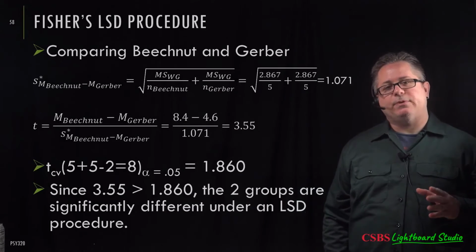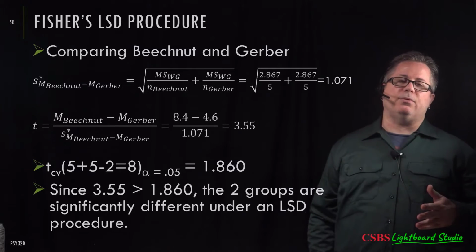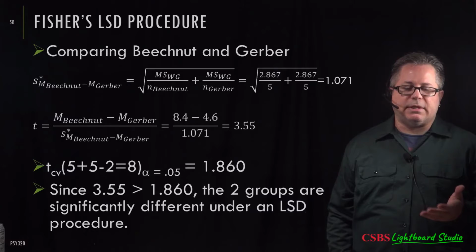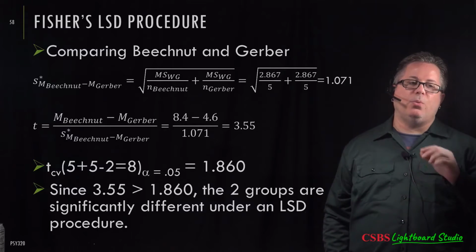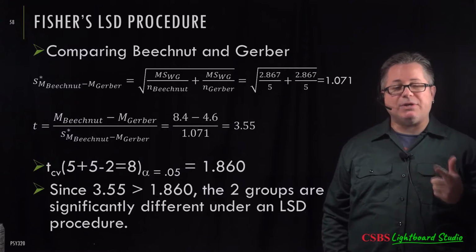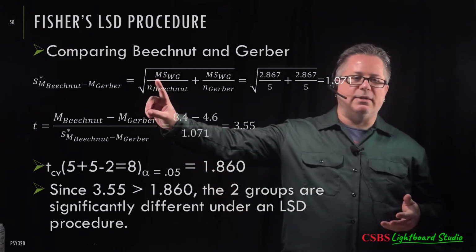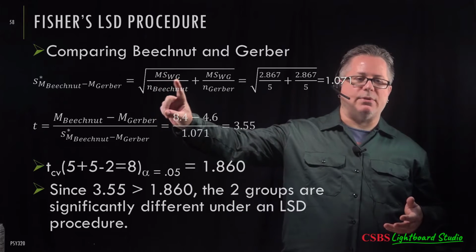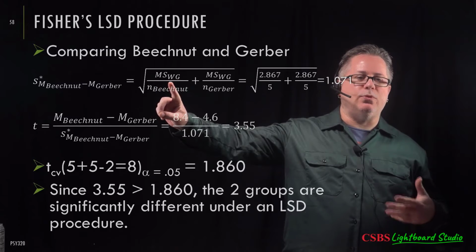Since we've talked about the independent samples t-test before, these steps are the same, pretty straightforward, with one slight tweak that actually in a way makes it easier. We've already done the work to find this MS within groups, which is really just an extended pooled variance estimate.